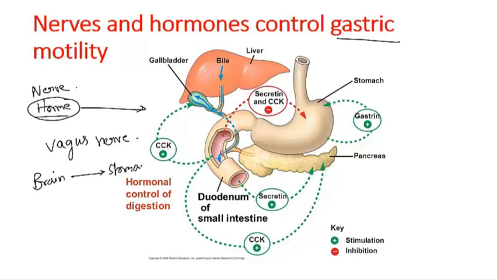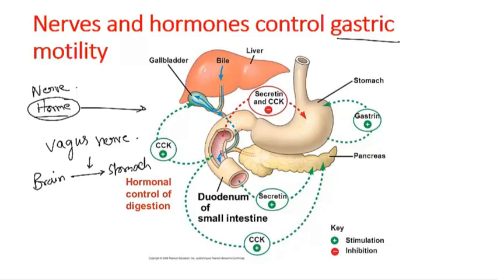Remember that it carries a signal from brain to the stomach. It's a large nerve, and during the cephalic phase, both the nervous and the hormonal control the whole response of the stomach and how the stomach will empty all those gastric contents and chyme into the duodenum.